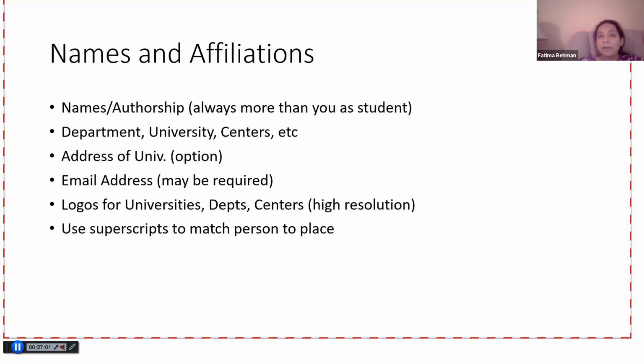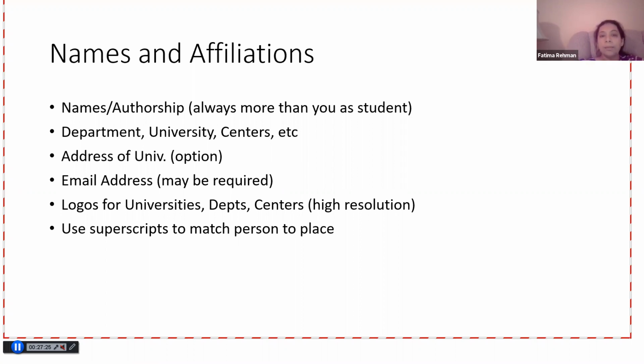For your names and affiliations, you will have the names of both partners. Usually we have the department and university name underneath. So in your case, it will say Molecular and Cellular Biology Lab, Department of Biology, University of North Florida. And then many times we will have an address for it, so it would say Jacksonville, Florida.